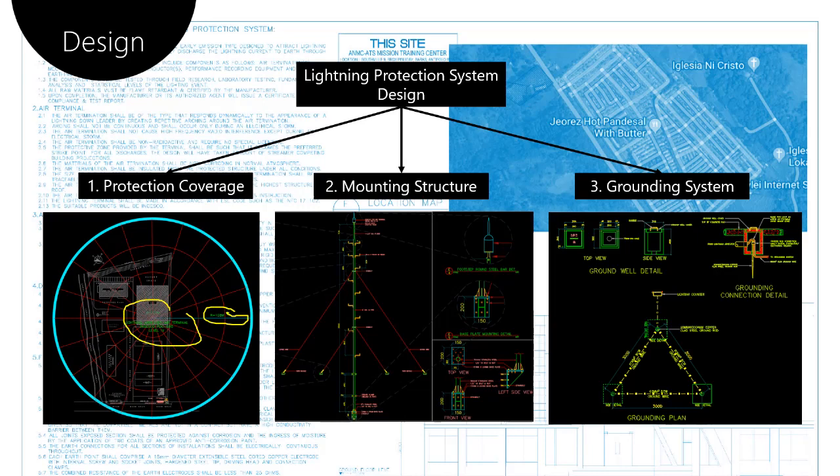This data you could get from your previous risk assessment, before going through the design. So you first do the risk assessment, and if your facility needs a lightning protection system, then do the lightning protection system design. For the protection coverage layout, you could get this data from your air terminal specifications, based on your manufacturer or preferred brand.